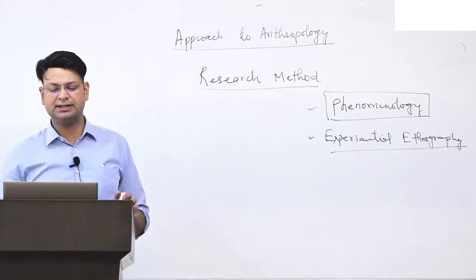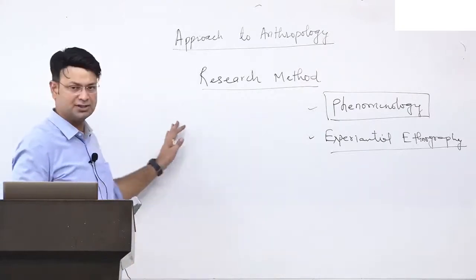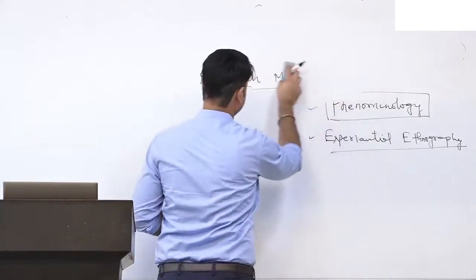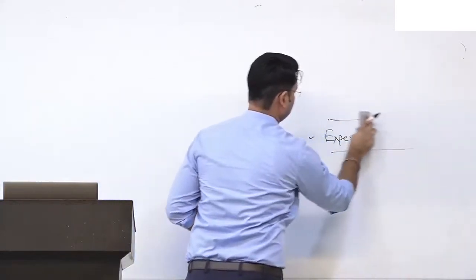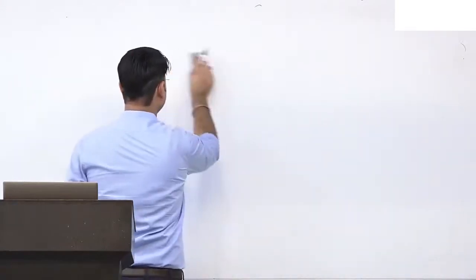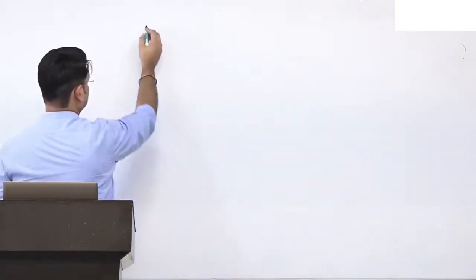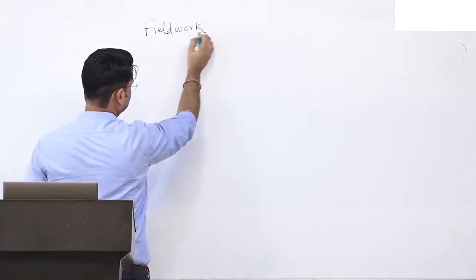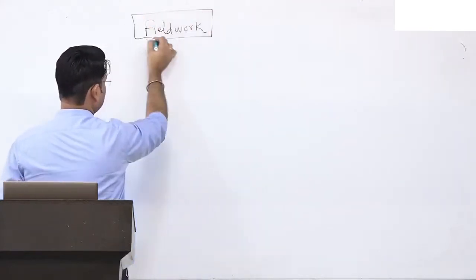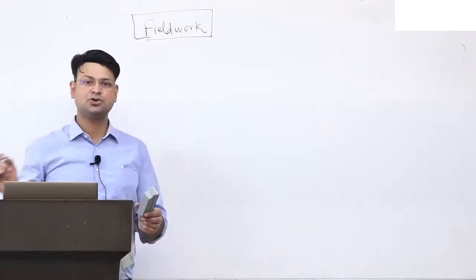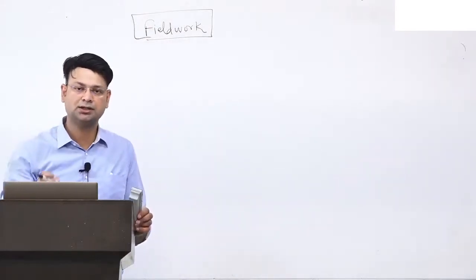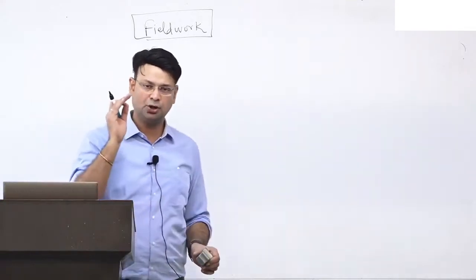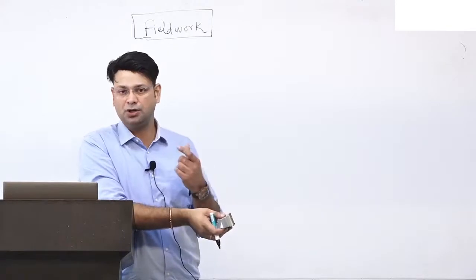This chapter contains a few important dimensions. Let me first open it up for you. In this chapter we have field work in anthropology. See, field work is the very essence of anthropology. Without field work, there is no knowledge that is objectively, authentically, or holistically created.